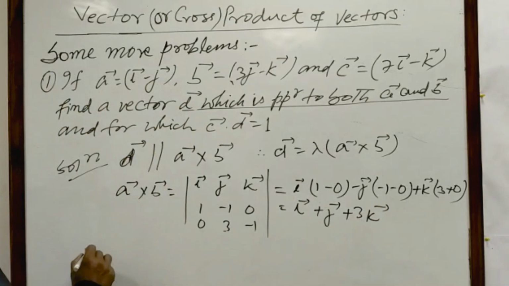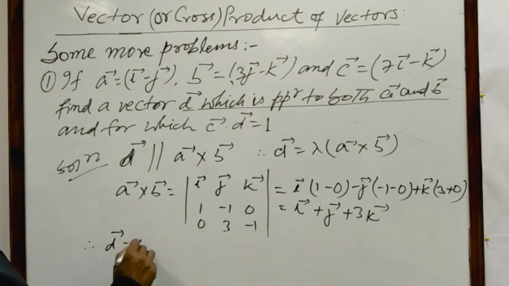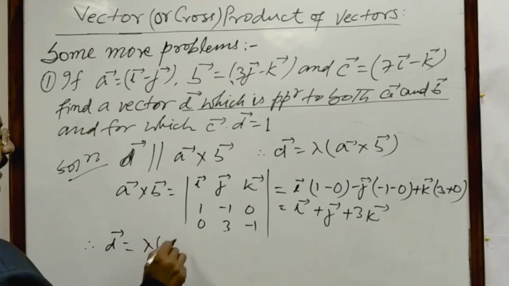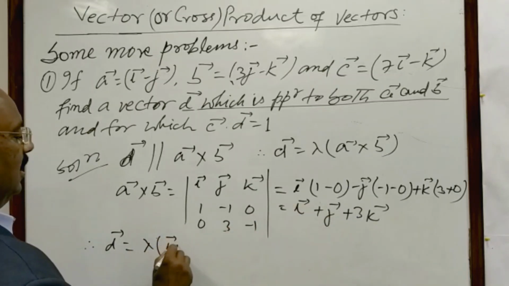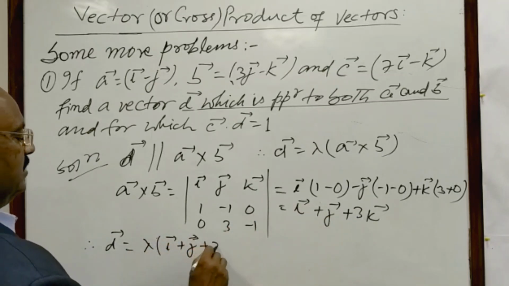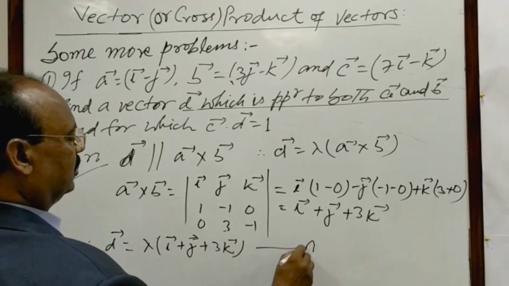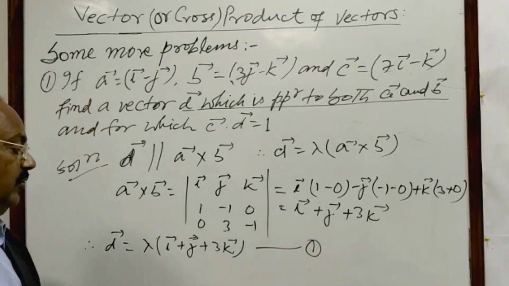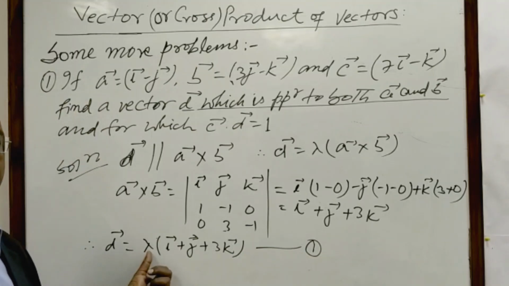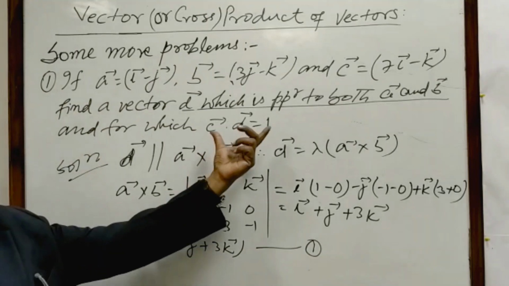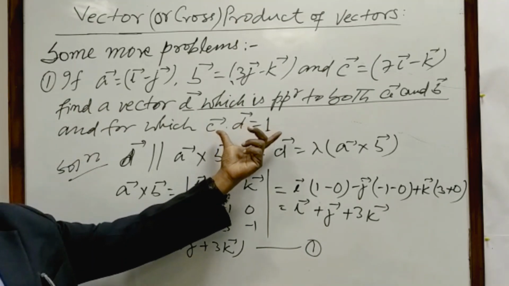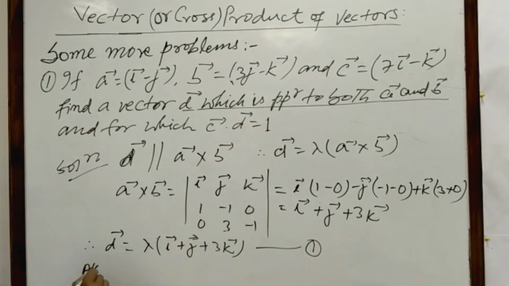So therefore the required vector D can be expressed as lambda times of A cross B. A cross B is here i plus j plus 3k. Let us write here relation number 1. Now we have to evaluate here lambda. We have to get this value lambda here with the help of this given relation, C dot D is equal to 1. So also here given that C dot D is equal to 1.